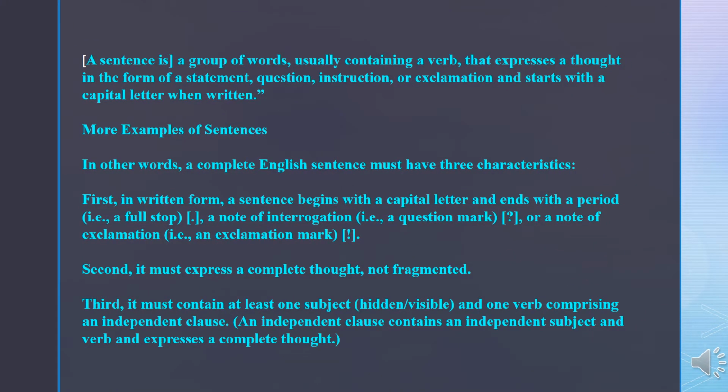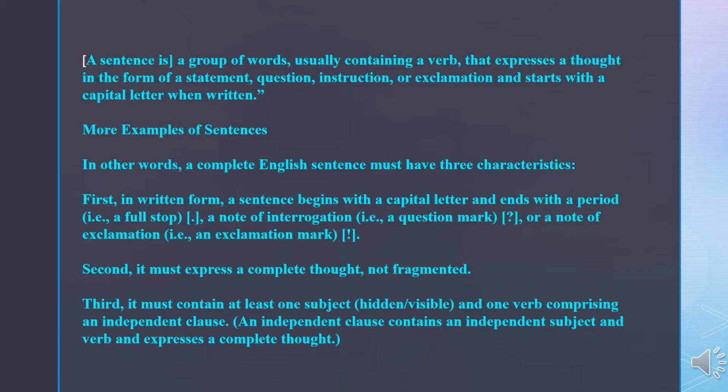A sentence is a group of words usually containing a verb that expresses a thought in the form of a statement, question, instruction, or exclamation and starts with a capital letter when written. More examples of sentences. In other words, a complete English sentence must have three characteristics.